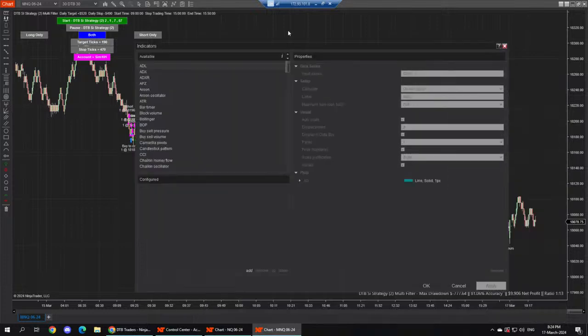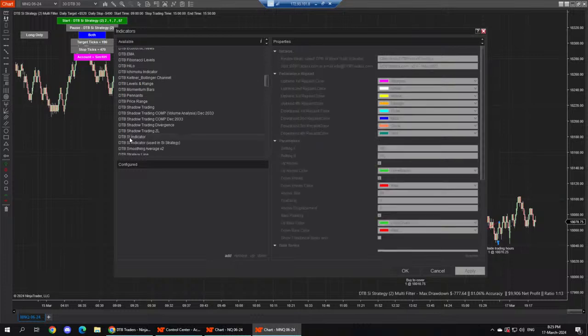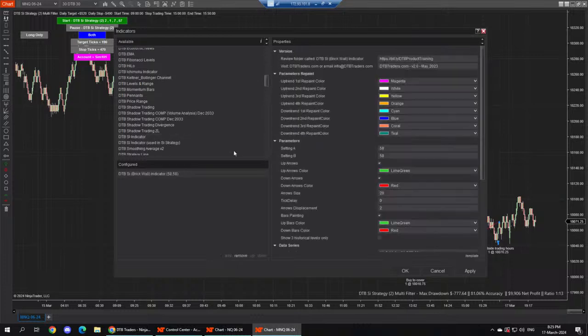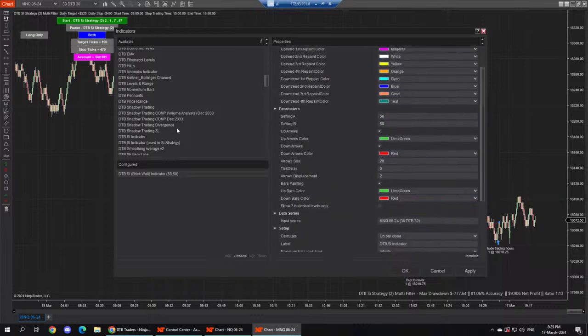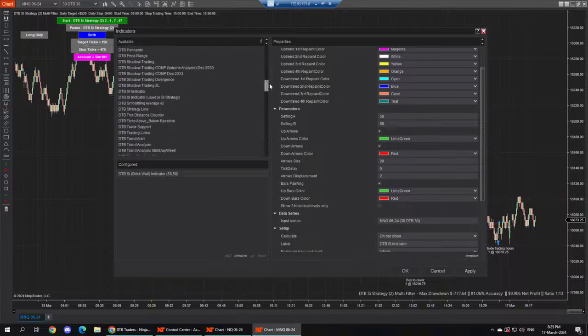Okay, so the SI indicator is this one over here. So this is the one that the analytical strategy uses, and it uses the 4 repaints. It's got a setting A, a setting B, and all that. Now the one that the SI strategy is using is the SI indicator, which is this one over here.